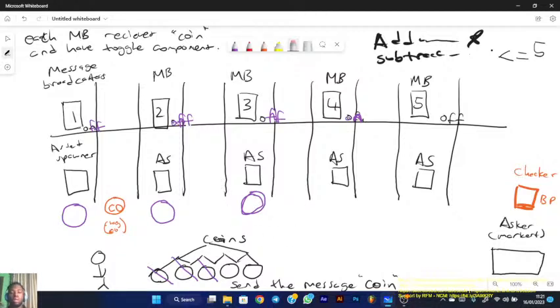So let's take it to the next level. This is to add. What we have just been doing is to add coins to your inventory, just to add. Then to subtract, let's go back to how we were before.